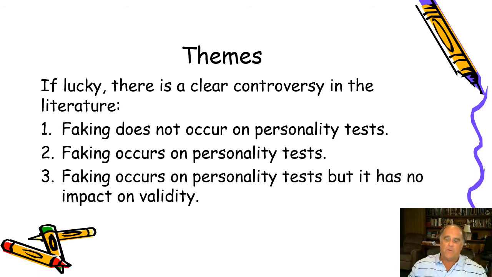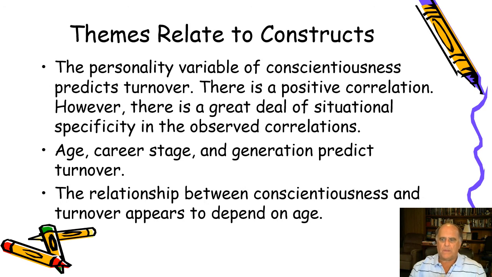Now, of course, we might not get that lucky in that there's clear controversy. A lot of times, though, our themes may relate more to constructs. So if we have two independent variables, it sets us up pretty easily or nicely for three themes.